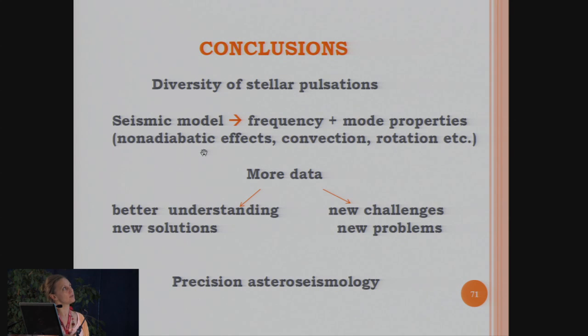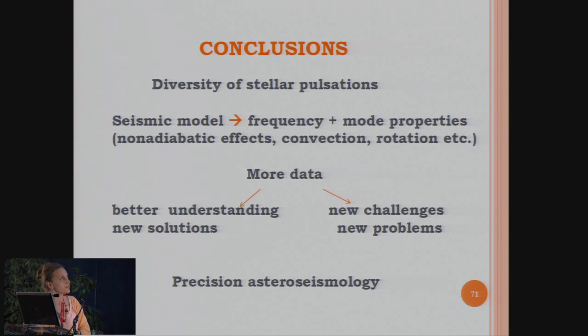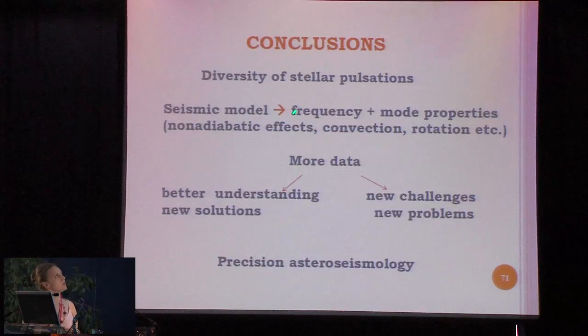And in conclusion, the diversity of stellar pulsation allows us to study different kinds of stars and different properties. What is important is that a good seismic model should account not only for frequency, but also for all these mode properties.